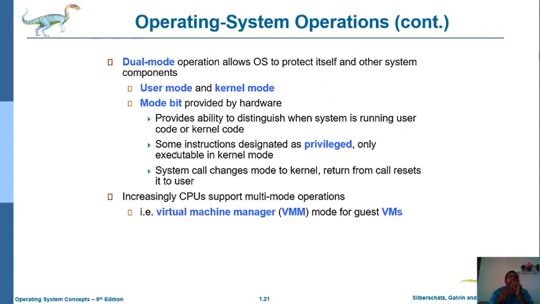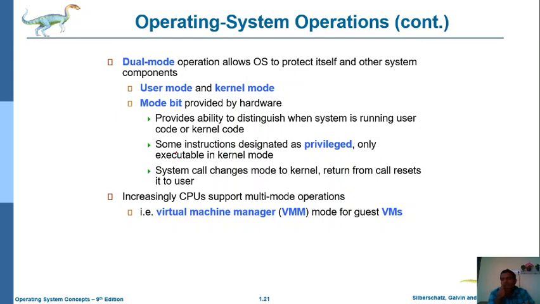In this process, the operating system supports two types of operations: single mode operation and dual mode operation. Dual mode operation means that a particular operation can be performed by both modes, user mode and kernel mode.